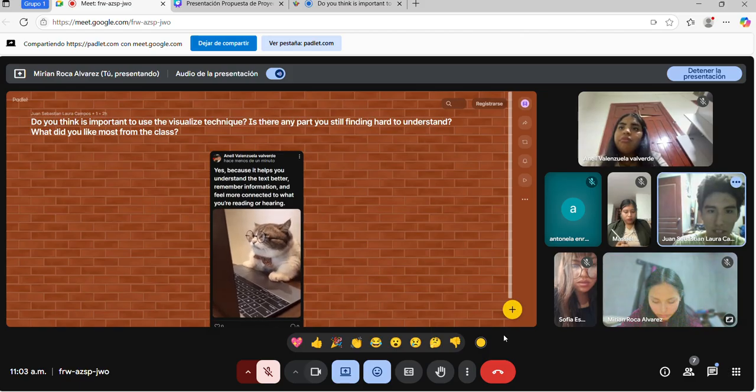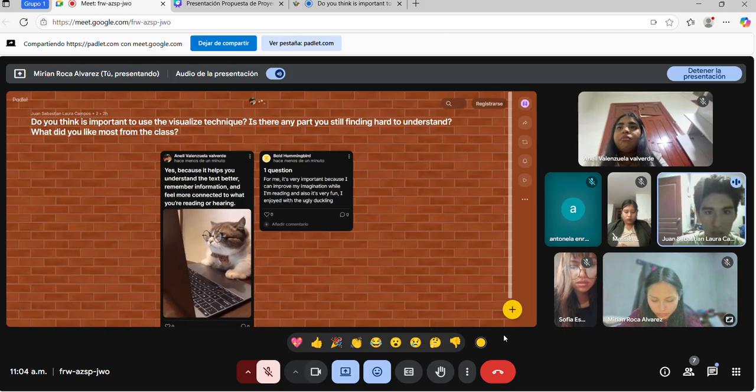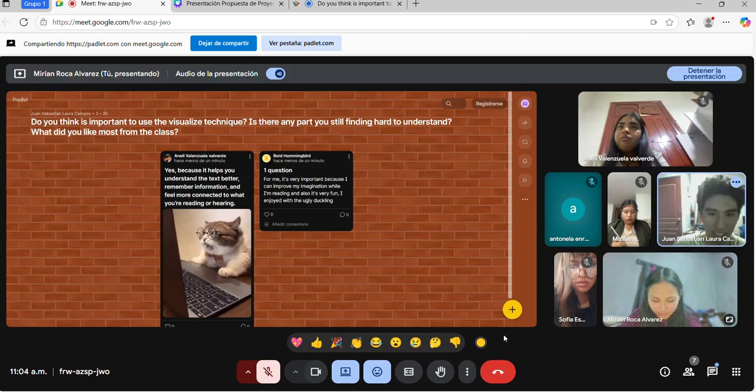So, Anel says it is important because it helps you to understand the text better, remember information, and feel more connected to what you are reading or hearing. Yes, it's important to understand how the visualize technique works. Someone else says, for me, it's very important because I can improve my imagination while I'm reading, and also it's very fun.